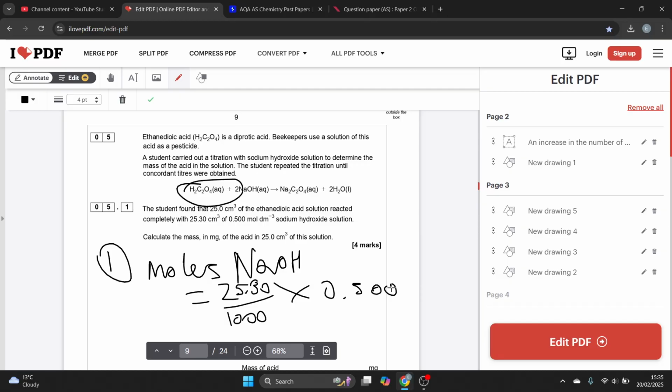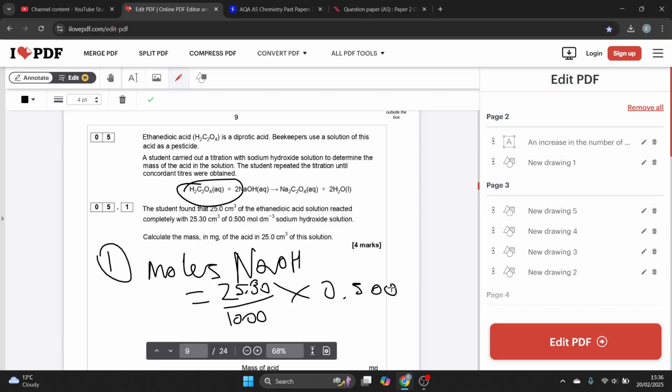Then I'm going to use, what am I going to use? Moles is concentration times volume. No, I'm going to use moles equals mass over Mr. I've got the moles and I want to find out the mass. Oh yeah, mass is going to be the moles times the Mr, which is 2 plus 12 plus 12 plus 64.